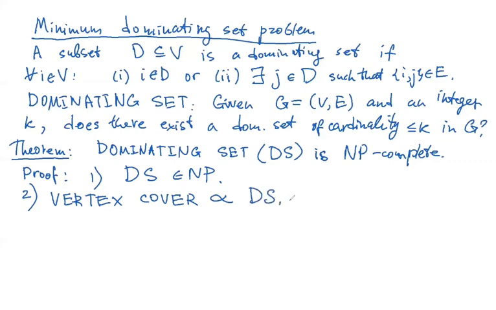And the construction is actually not difficult to come up with. So let's say, given an instance of vertex cover, so you have G is an instance of vertex cover.